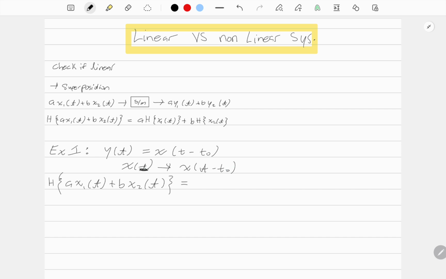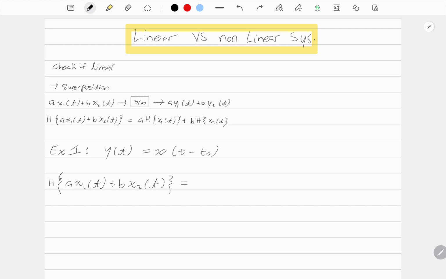So it's replacing t with t minus t naught. So anytime you see a t, it gets replaced with t minus t naught. Just want to get that in your head.